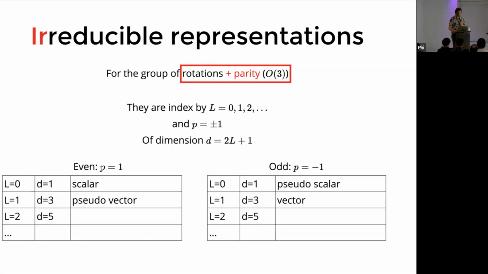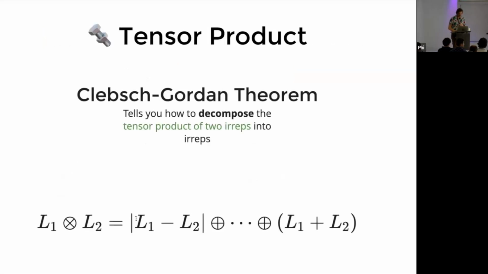The parity is either even or odd. And again, I've put the names. If you are even with respect to parity and L equals 0, you are a scalar. If you are odd with respect to inversion and dimension 3, it's a vector. Otherwise, it's a pseudo-scalar, pseudo-vector.